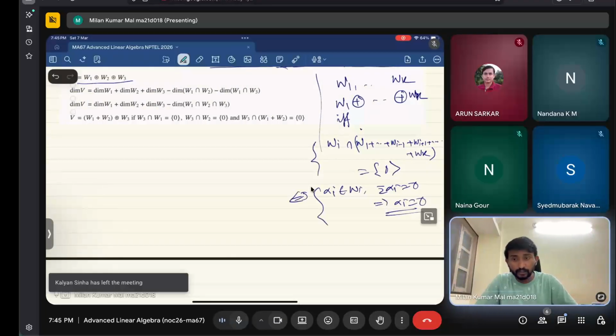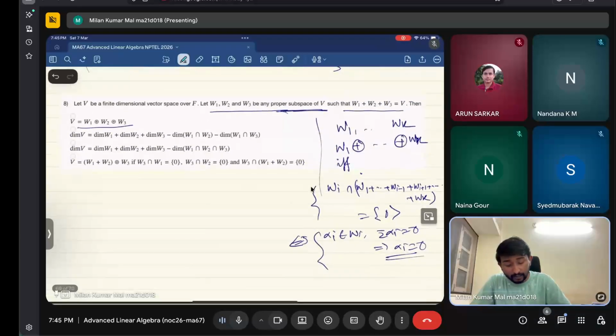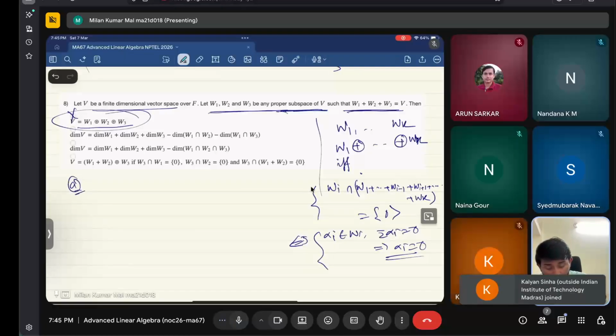Now here it is asked that V is a finite dimensional vector space and W1, W2, W3 are any proper subspaces of V such that W1 plus W2 plus W3 is V. Whether this holds or not. The answer is no. So let me give you a counter example.